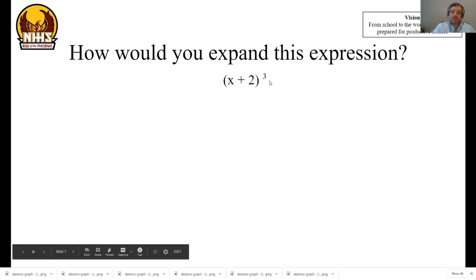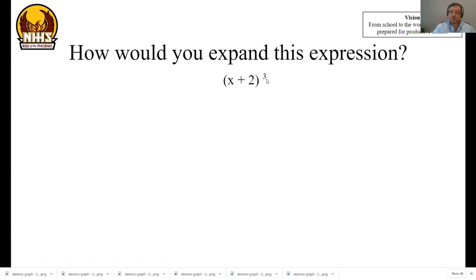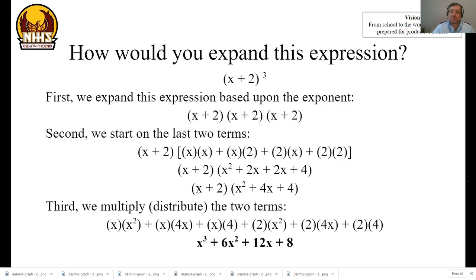Now, when you get to the larger ones, this is a good example, x plus 2 to the cubed power. This can get a little more difficult because I want you to look what you have to do. What you have to do is go through a process where you multiply two of the terms and then you distribute the third term. And this can get a little bit complicated as that gets higher.